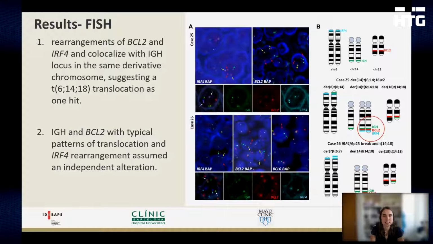Case 26 with IGH and BCL2 with a typical pattern of translocation and IRF4 rearrangement that is assumed to be an independent alteration. Both of these cases do not qualify for a diagnosis of IRF4 LBCL, since they have other FISH translocations.